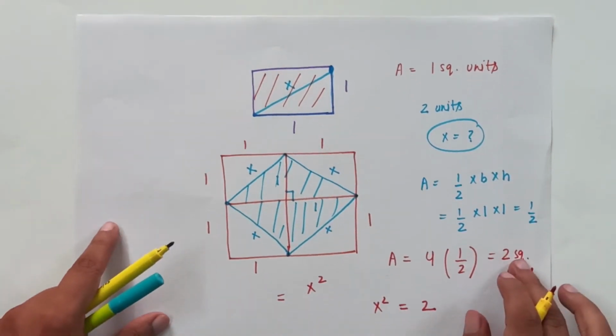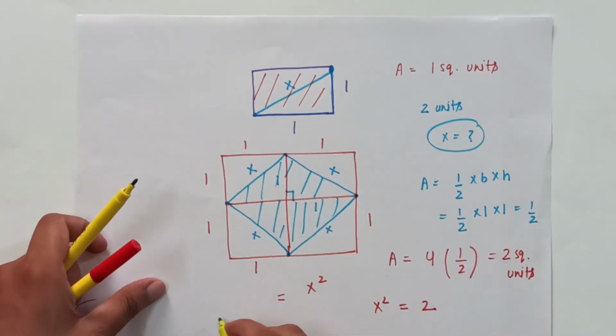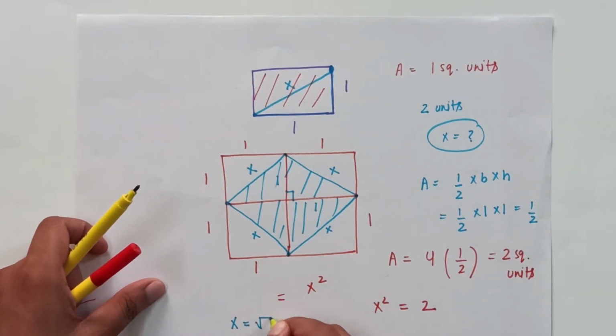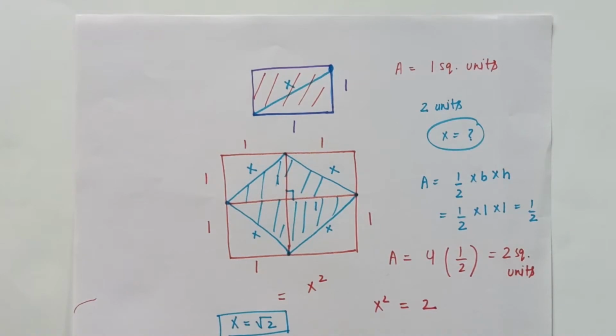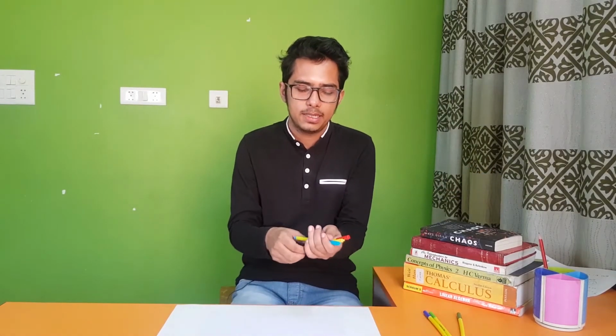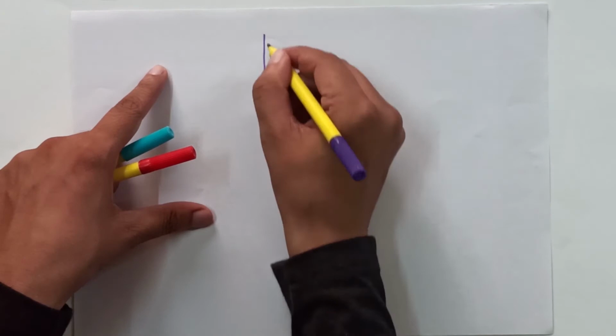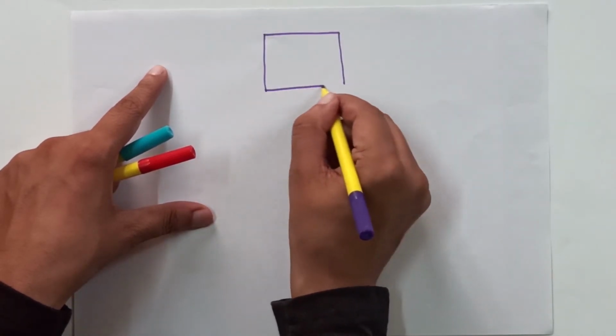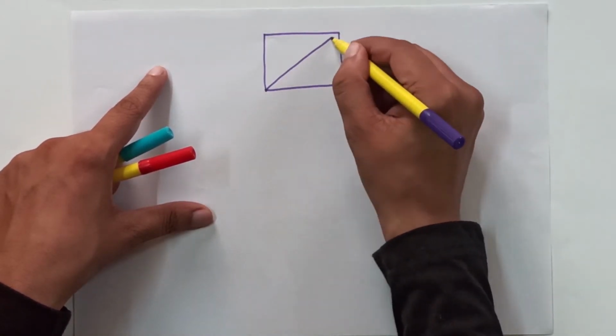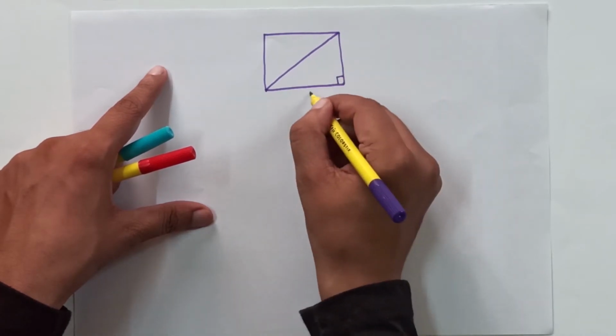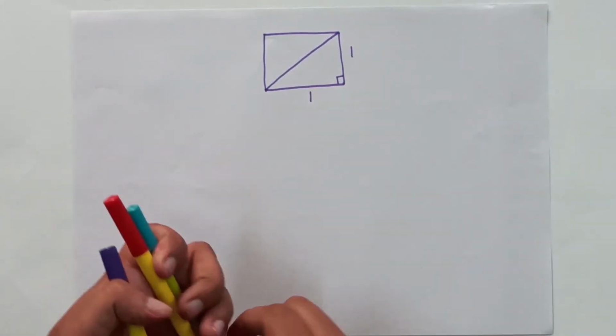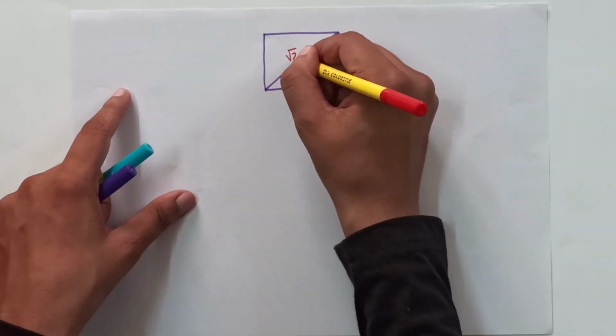Now I can further state that x is equal to root 2. Now moving forward, what does this actually mean? This means that I now have a square in which 2 right angled triangles are embedded with side length 1 unit, and the hypotenuse is given by root 2 units.